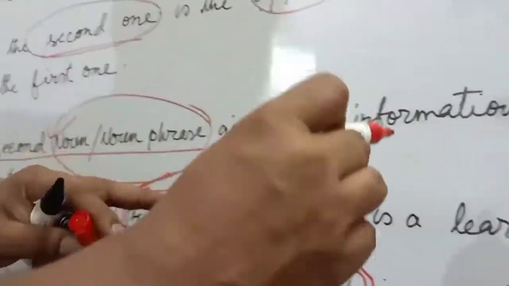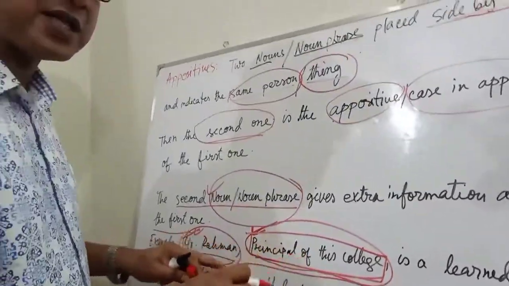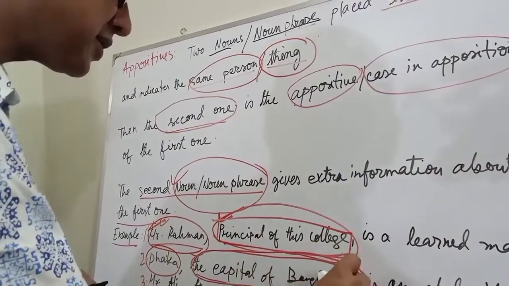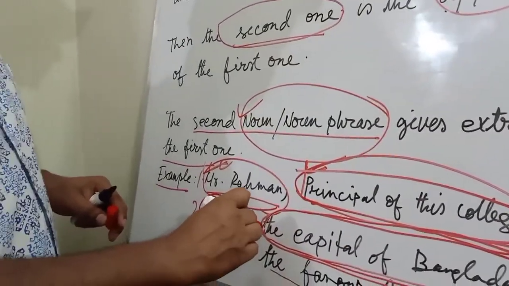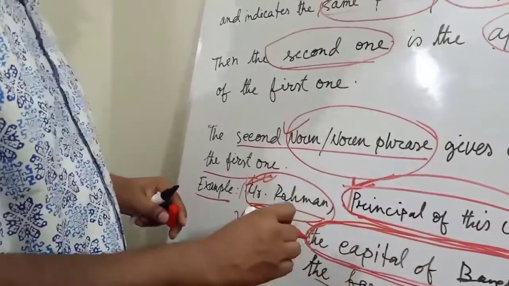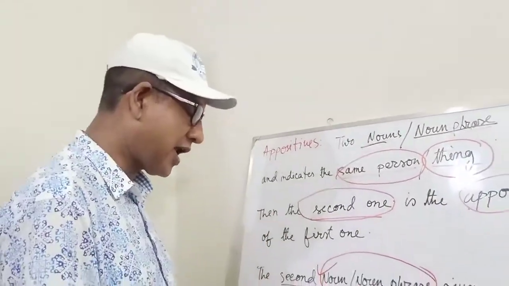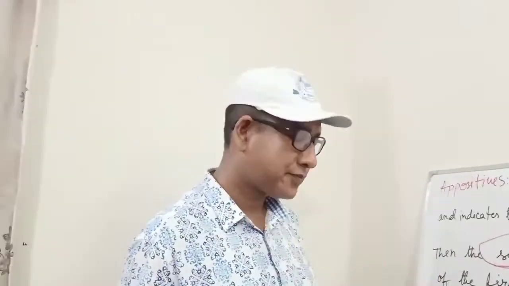The capital of Bangladesh is an old city. Dhaka and the capital of Bangladesh are the same, but this second phrase, the capital of Bangladesh, is an appositive, and this appositive is used as a post modifier and giving extra information about Dhaka.